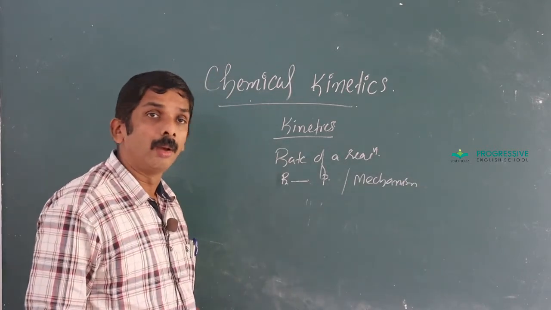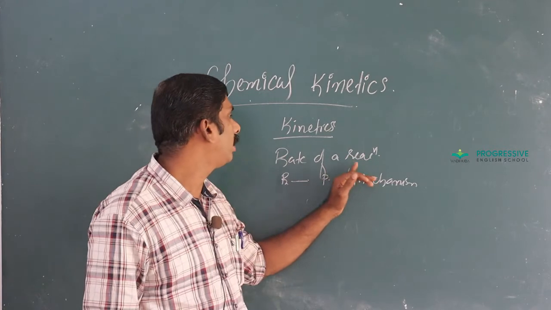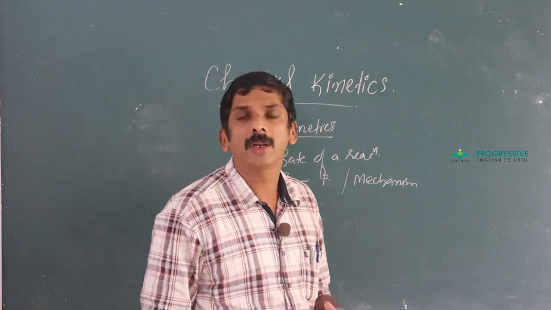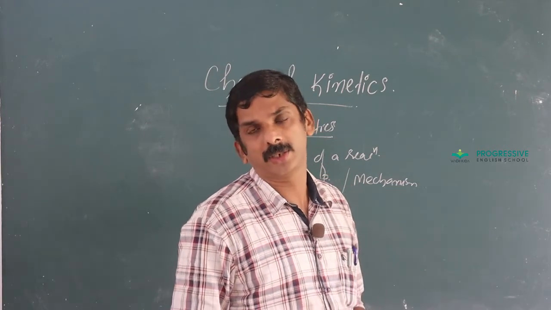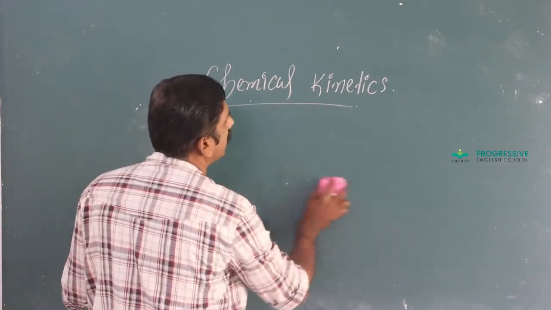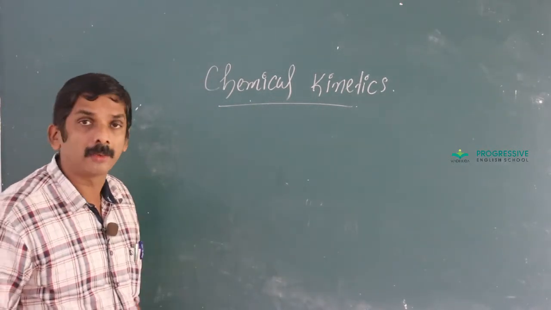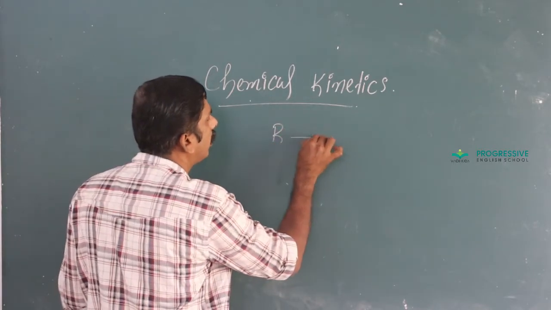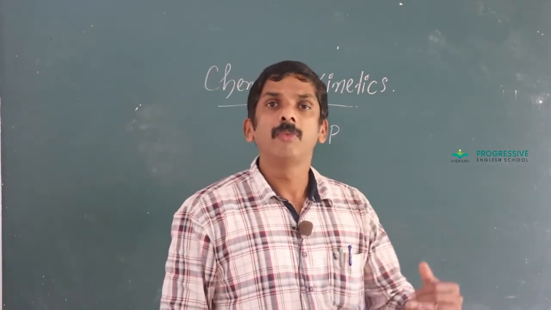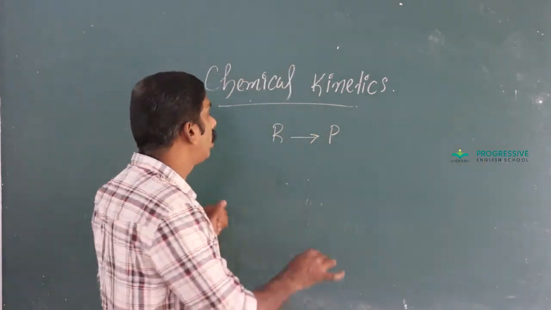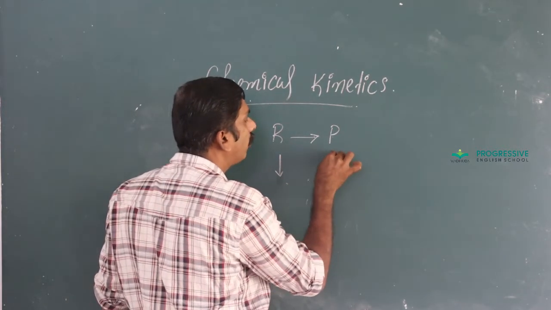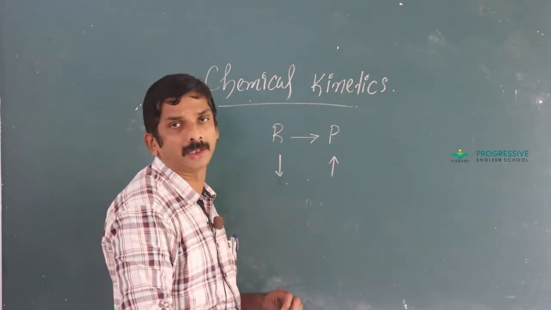Chemical kinetics mainly deals with the rate of a chemical reaction and the different steps involved in the conversion of a reactant to product. You know, in lower classes you have studied about chemical reactions. A chemical reaction is the conversion of reactant into product, where with increase in time, the concentration of reactant decreases while the concentration of product increases.